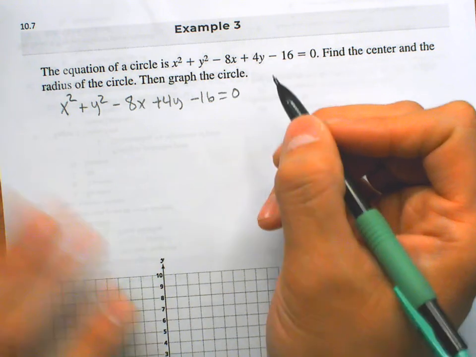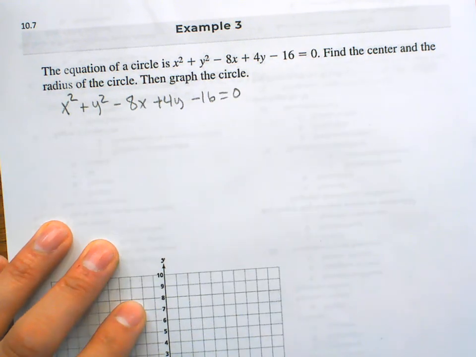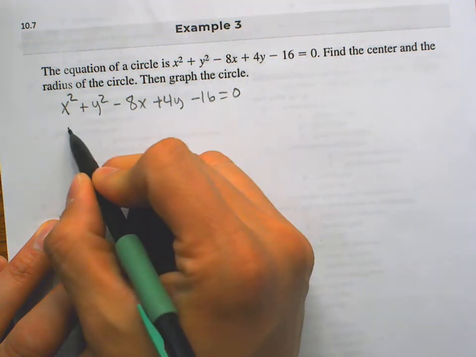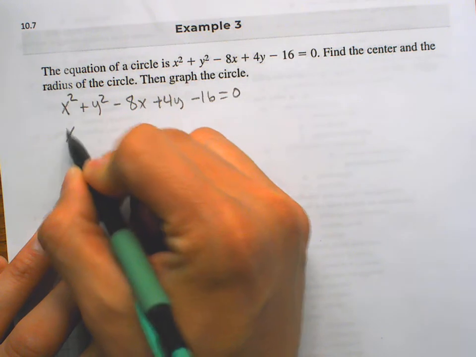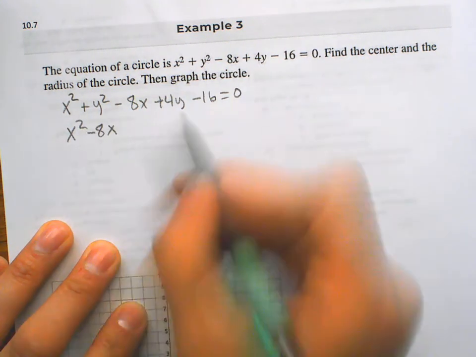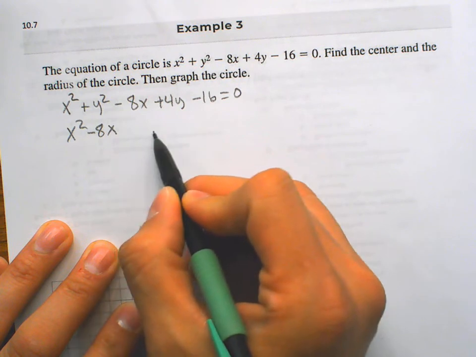What we need to do is group all the x's together and all the y's together, and we're going to be doing something called completing the square. So x squared minus 8x. I'm going to leave a little space in between there, and you'll see why.